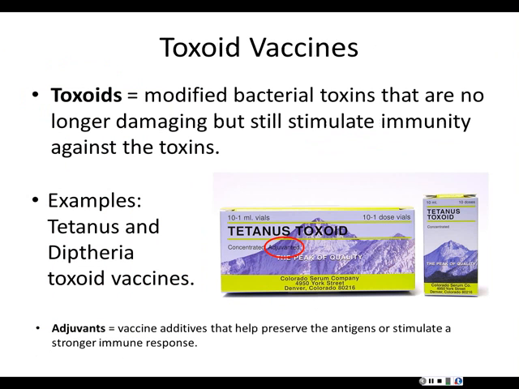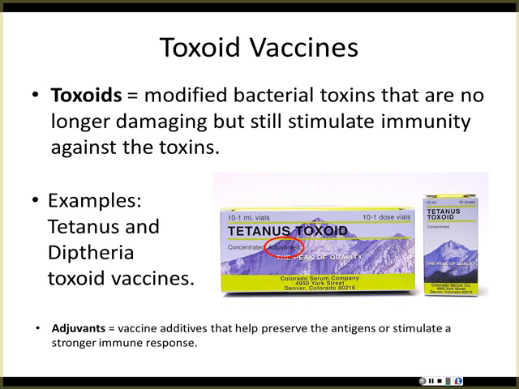Adjuvant here. If you guys ever see this on a box or on a vial of a vaccine, it may say it's adjuvanted. Adjuvants, that's kind of a catch-all term. That is additives that are mixed together with the antigens, whatever those are, to help preserve the vaccine. Some of them help prevent the antigens from sticking to the vial, or some of them are included to irritate the injection site, stimulate inflammation more strongly, because that can actually lead to better memory.